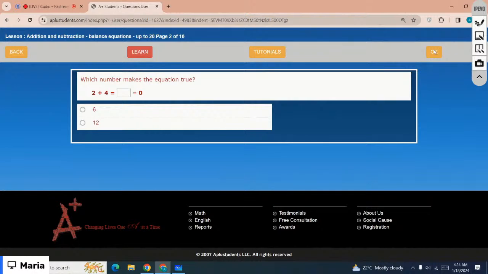So 2 plus 4 is 6, right? That means on the other side you also need 6. So the correct option is 6 minus 0 is 6. So the correct option is 6.